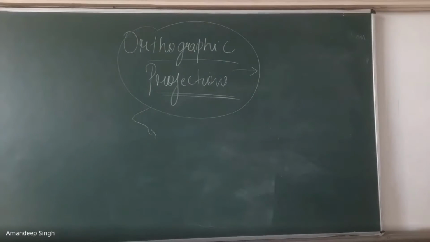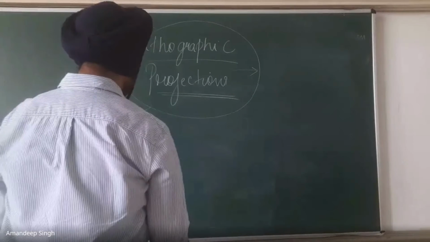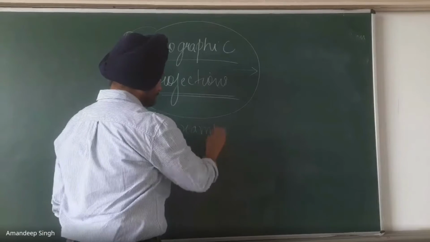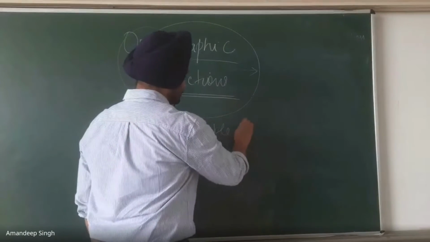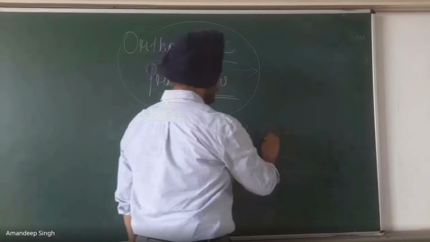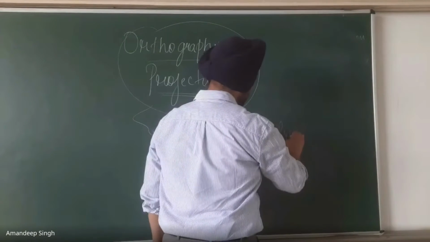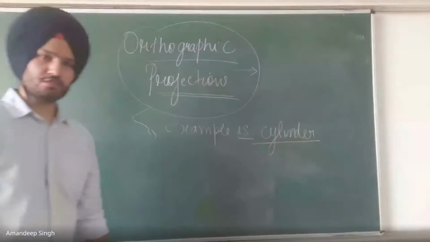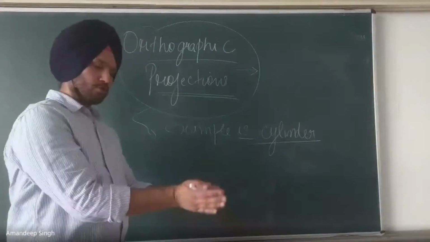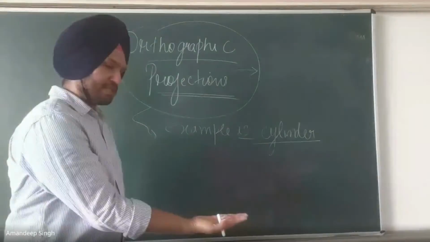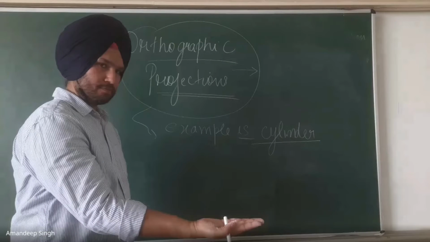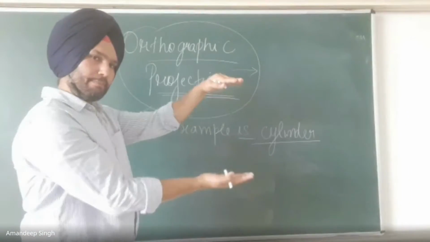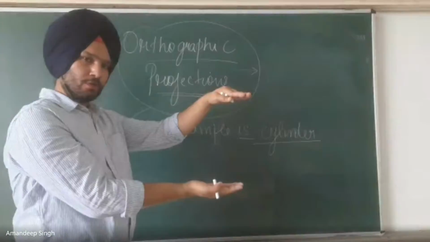Now, an example is your solids, a simple cylinder. So if I assume a cylinder which is on its circular base on the HP, with the cylinder axis parallel to the vertical plane, what will be the front view?